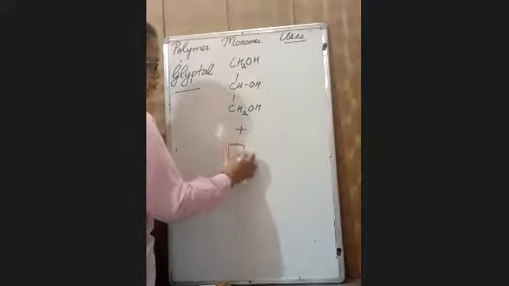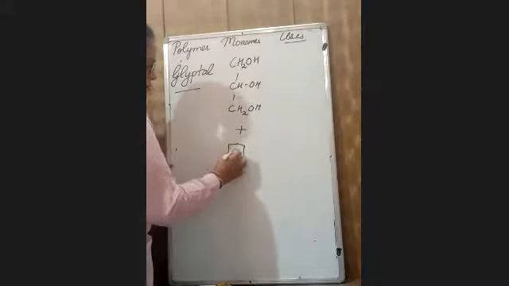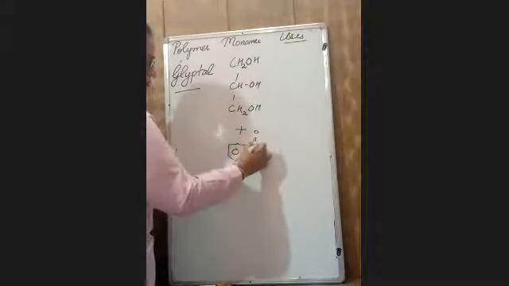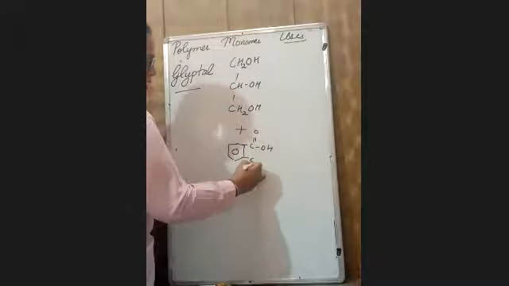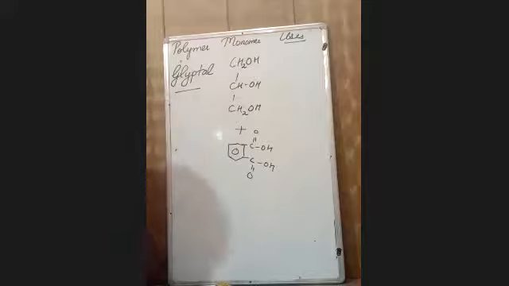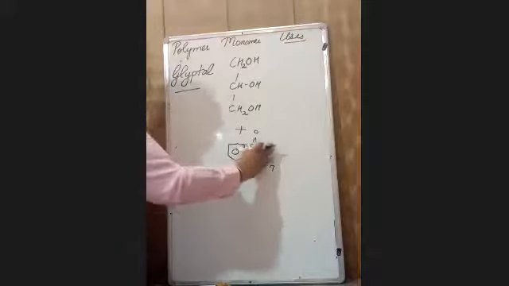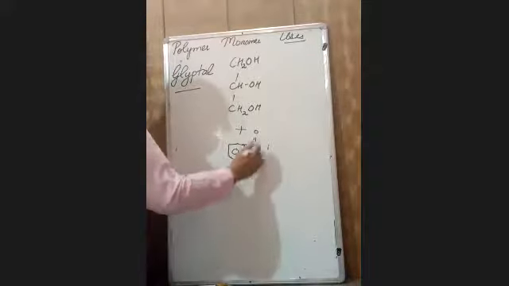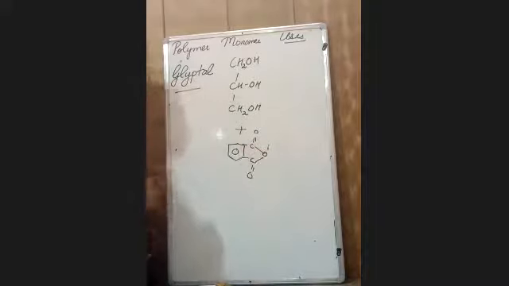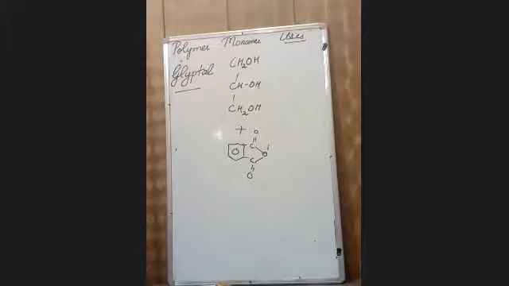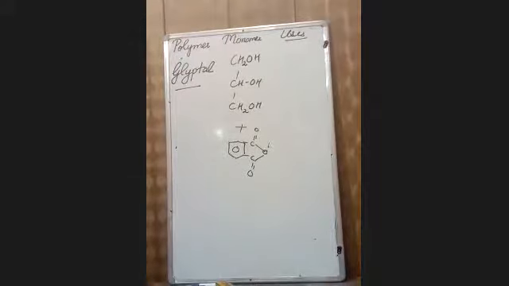It is also a copolymer. You will write it like this: phthalic anhydride and glycerol combine to form glyptal. Okay, it is one of the polyesters.